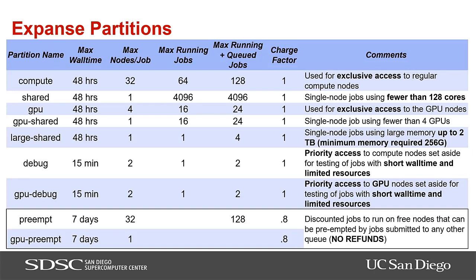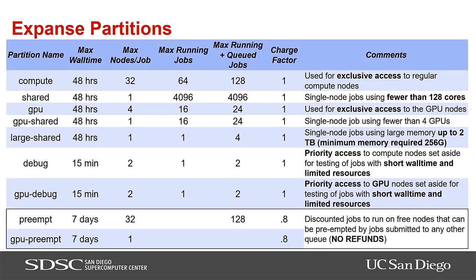With Expanse, we added the preempt and the GPU preempt partitions. These are discounted jobs that you can run on nodes that aren't previously allocated. But as discussed before, if another job comes into the queue and needs to use those nodes, your job will be preempted. A couple of things to keep in consideration.